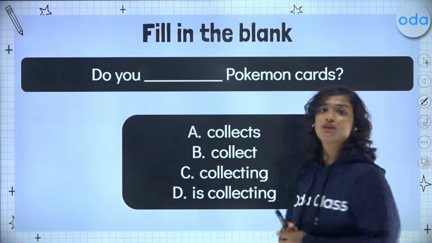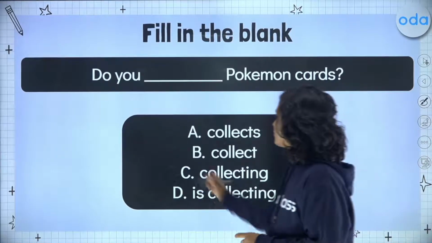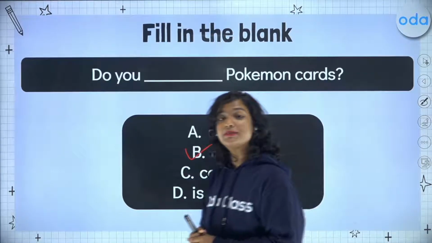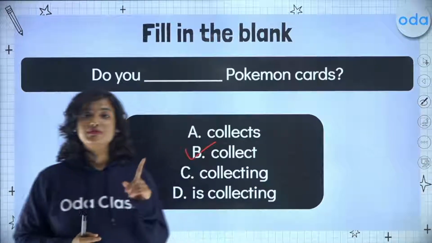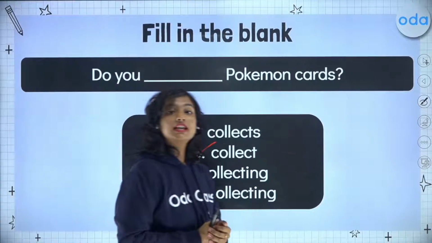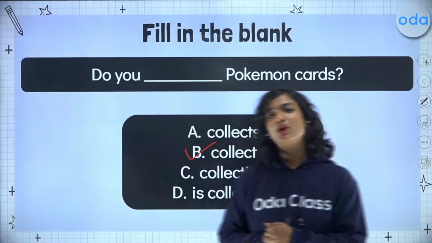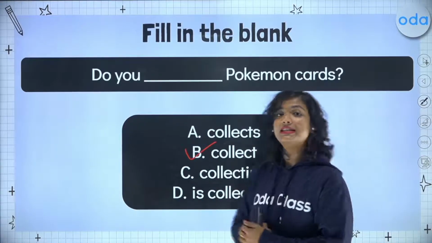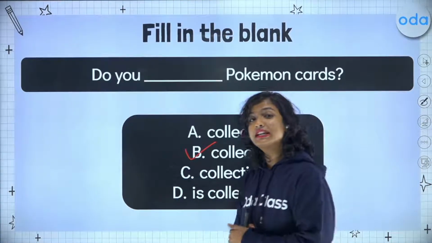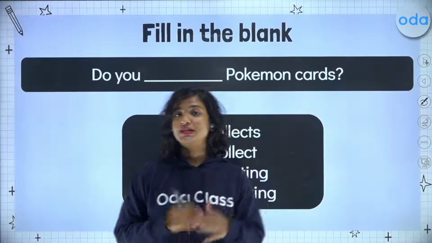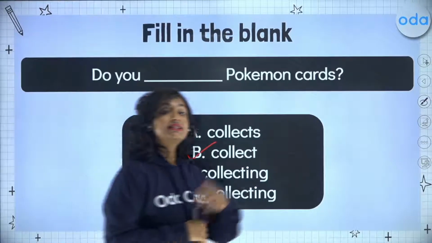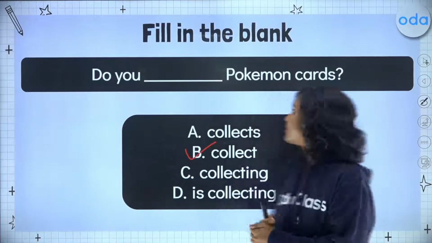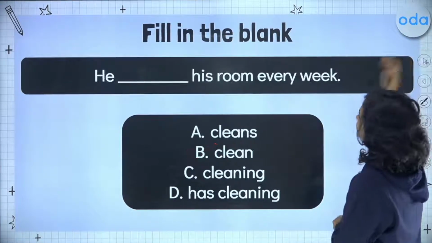Do you blank Pokemon cards? So the answer here will be option B, collect. Because remember, students, according to our rule, "you" always takes the plural verb, which is why we say "collect" and not "collects." If I was talking about a third person, "Does he collect Pokemon cards?"